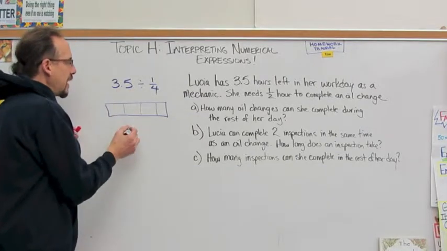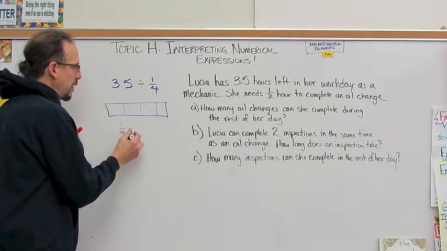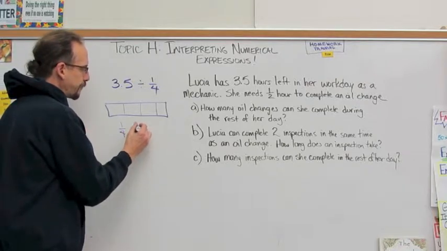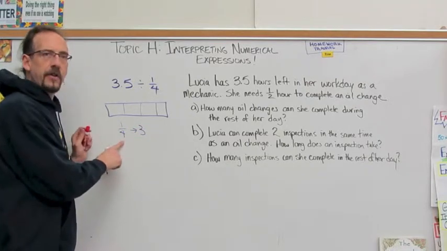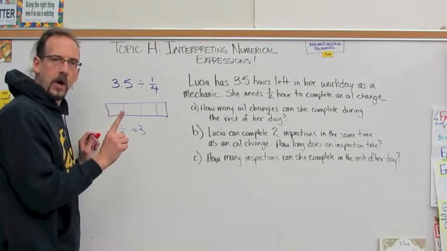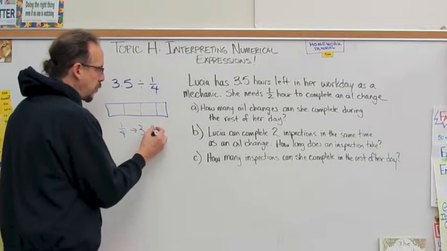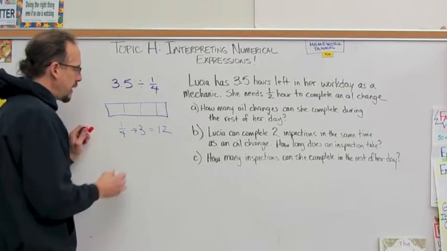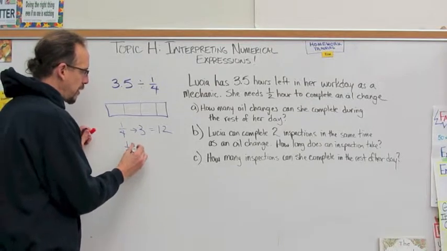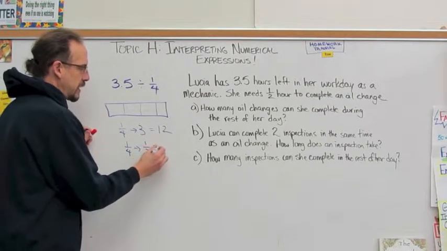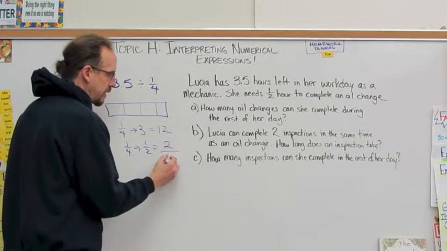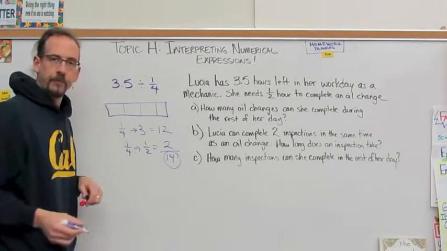I could think, how many 1/4 are in 3? And think, gee, there's 4 1/4 in 1, so there must be 12 in 3. And then how many 1/4 are in 1/2? And there's 2 of those, and I could get 14 that way.